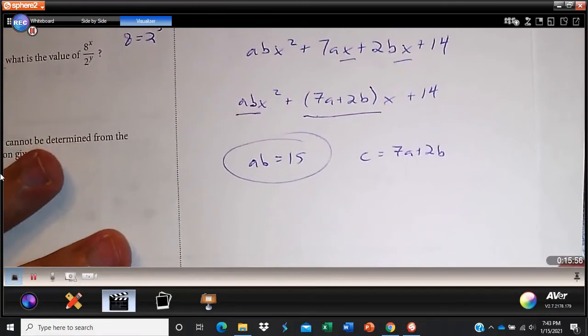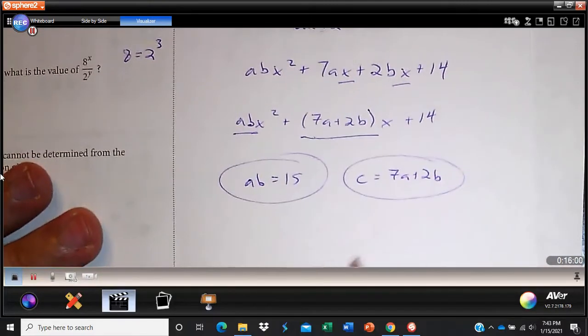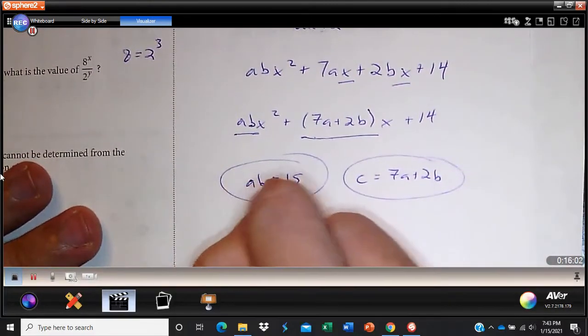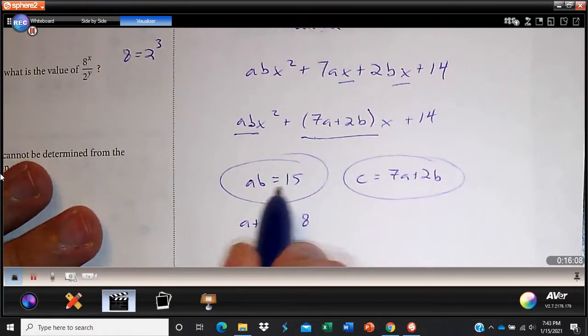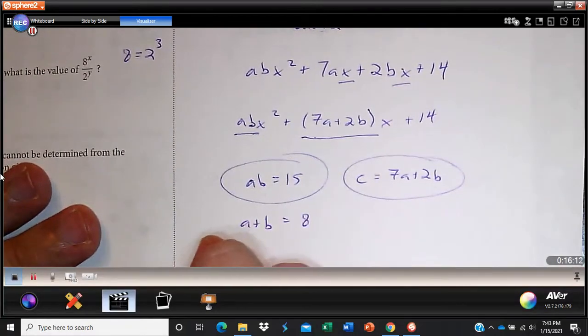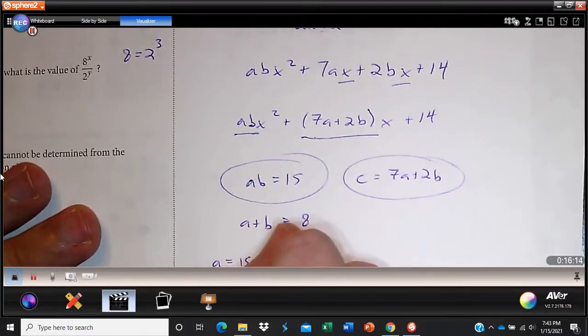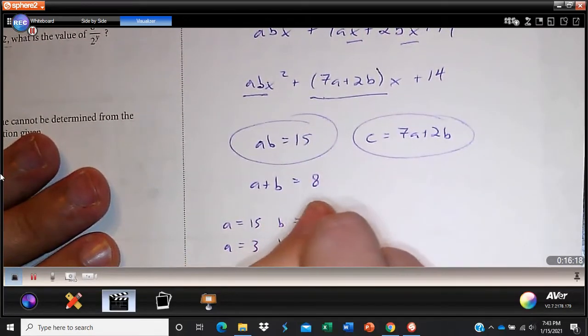So coming back here, I know that, and then I know that, and then they also told me that a plus b is equal to 8. So knowing this and this, well, first off, a times b is 15, so let's have some initial guesses here. A logical one would be a is 15, b is 1, something like that. You can also have a is 3 and then b is 5.